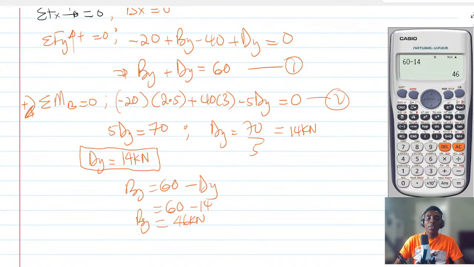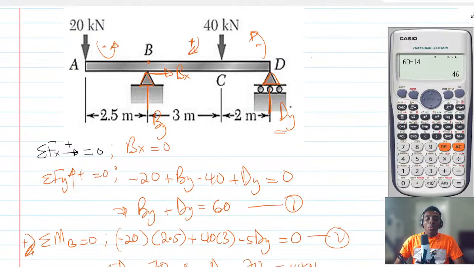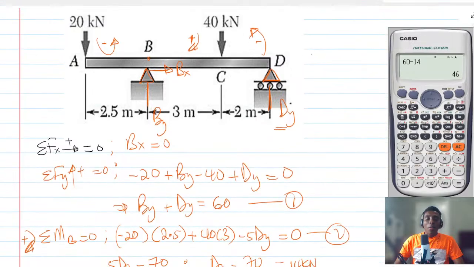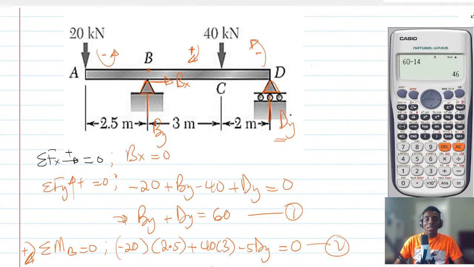So By is 46. All right, so that is the statics.